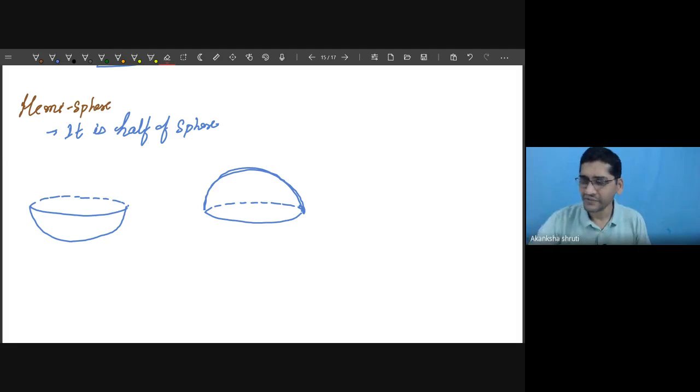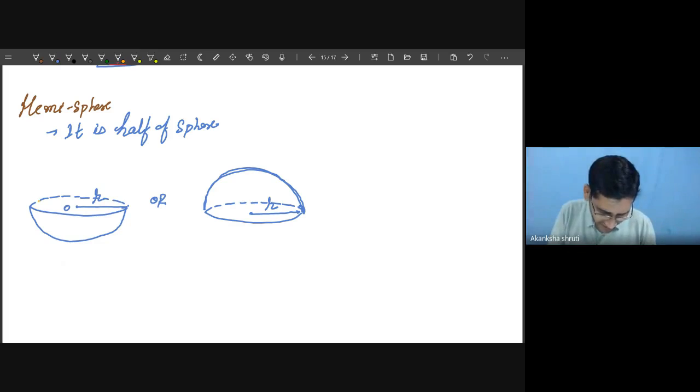Getting it, students? So both of these are the hemisphere. They have the center O and the same radius. Whether you draw like this or this, in this case we have two kinds of surface area. One is the curved one, another is the circular one.